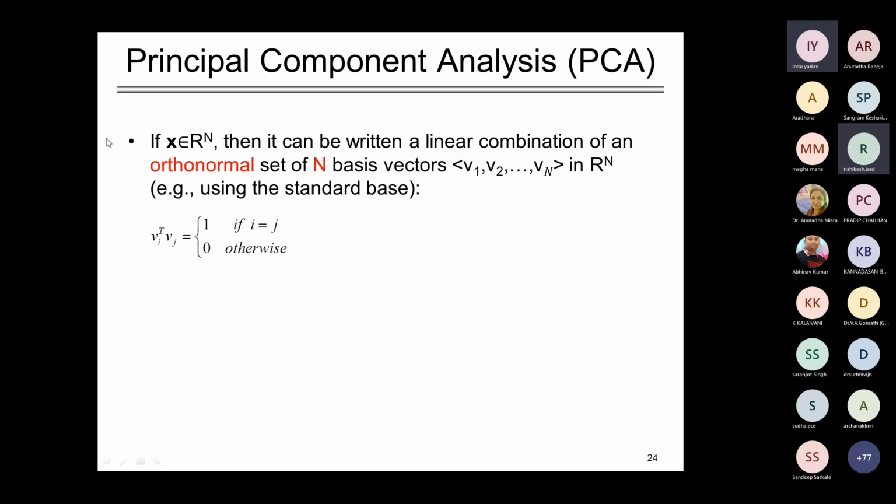If x belongs to Rn, it can be written as a linear combination of an orthonormal set of n basis vectors like this.